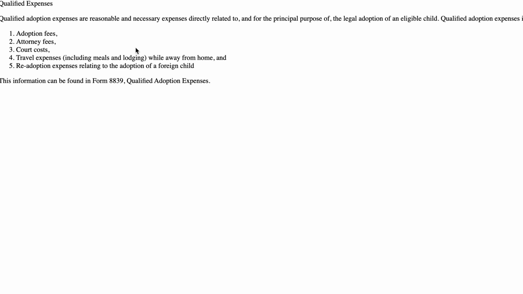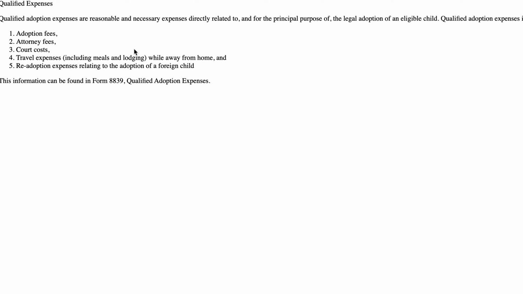In this case, qualified expenses are reasonable and necessary expenses related to and for the principal purpose of the legal adoption of an eligible child. This would include adoption fees, attorney fees, court costs, travel expenses, and readoption expenses.